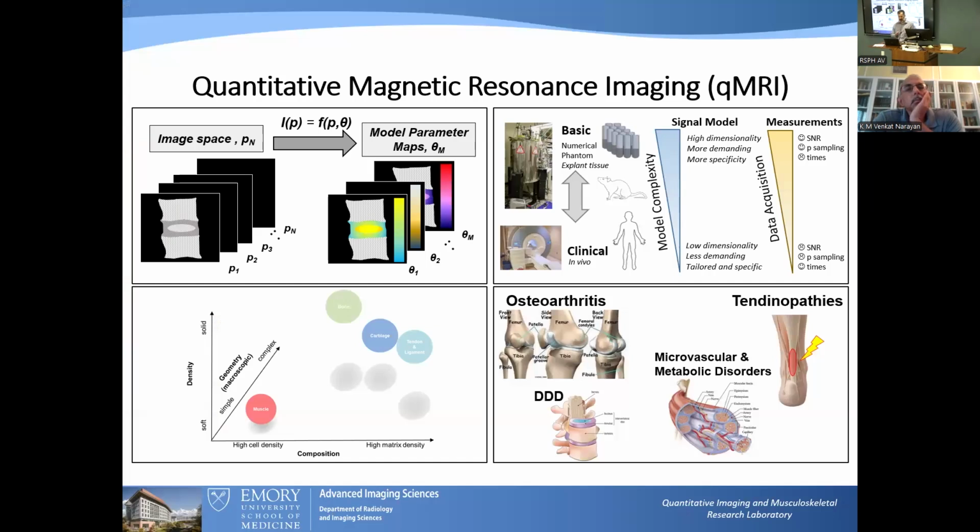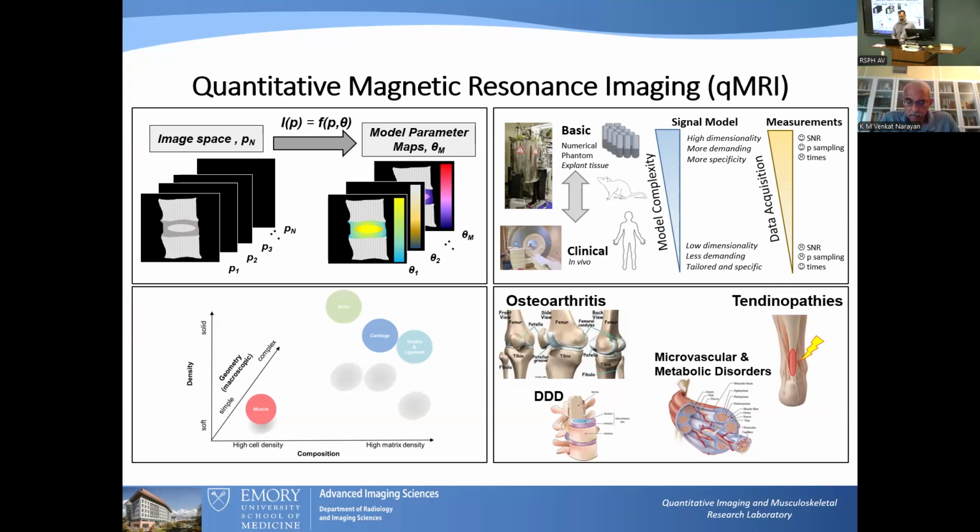Just to give a brief overview of my laboratory and the work that we focus on. As I mentioned, we do quantitative magnetic resonance imaging. For those of you unfamiliar with this approach, magnetic resonance imaging is very flexible in terms of the number of different types of image contrast that it can produce.